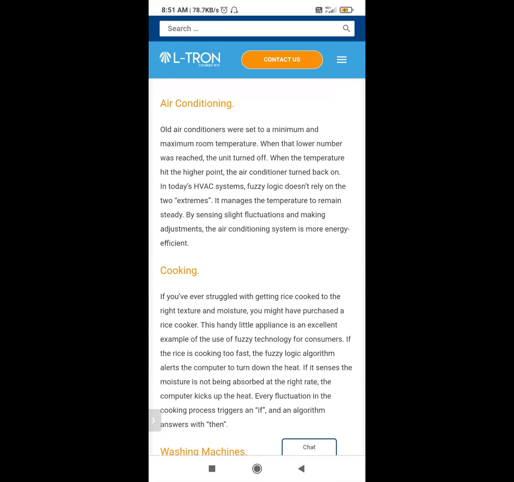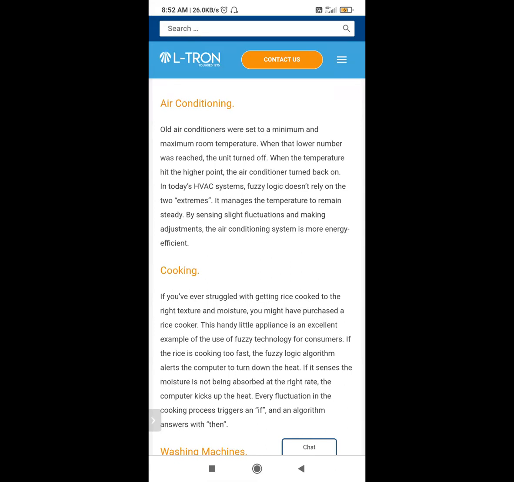When the lower number is reached, the unit gets turned off, and when the upper number is reached, the unit turns on. Like that, the total unit switches on or off when the temperature reaches either the lower value or the upper value.